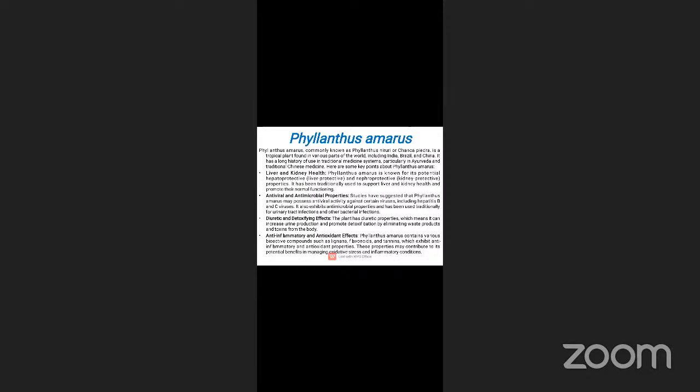Antiviral and antimicrobial properties. Studies have suggested that Phyllanthus amarus may possess antiviral activities against certain viruses, including hepatitis B and C viruses. It also exhibits antimicrobial properties and has been used traditionally for urinary tract infections.